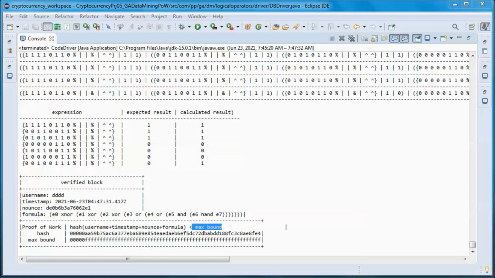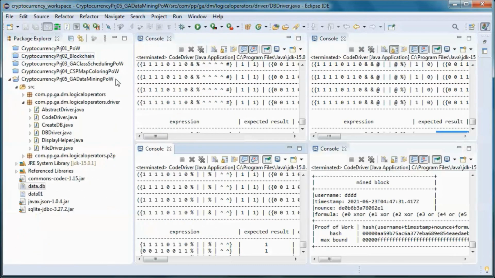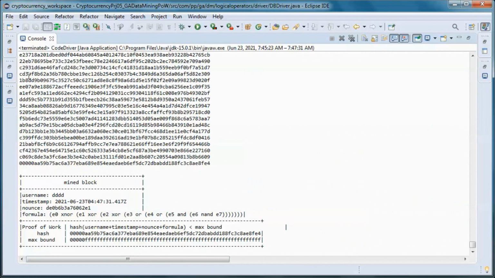Essentially, we are checking if a continuously varying number, meaning any one of those hashes, is smaller than another number, this max bound.